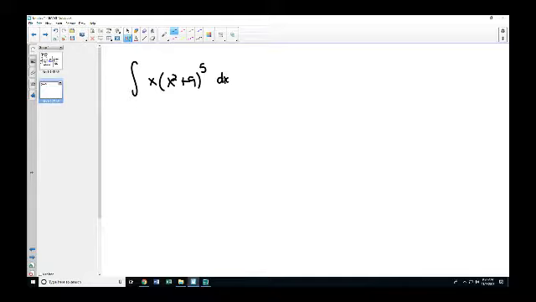Here's your original, and here's your derivative. The derivative here is 2x, right? There's no 2, we're gonna deal with that. This one gets stuck in the front. So u is x squared plus 9. And du is what?